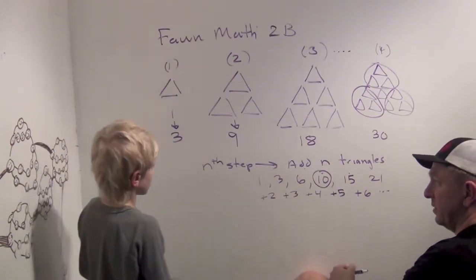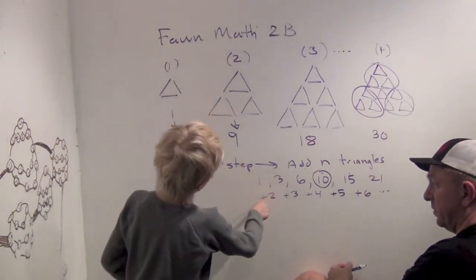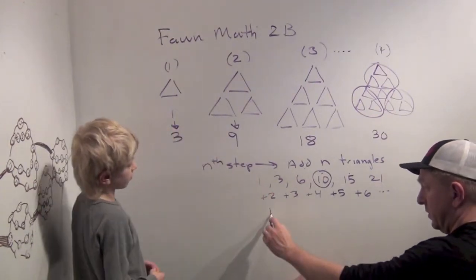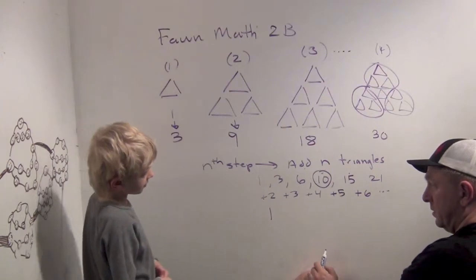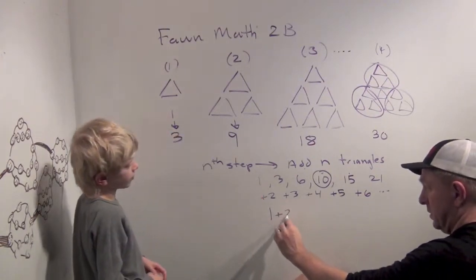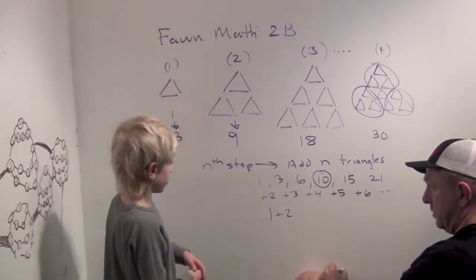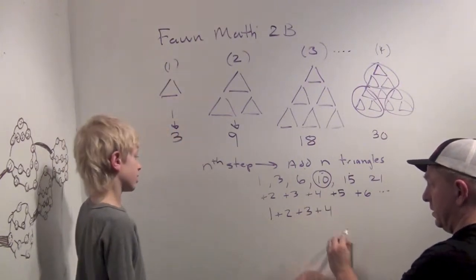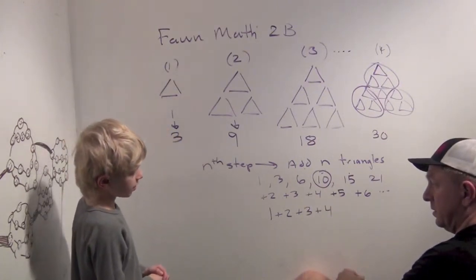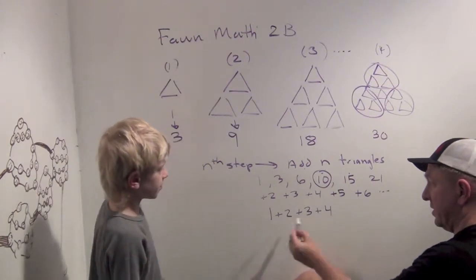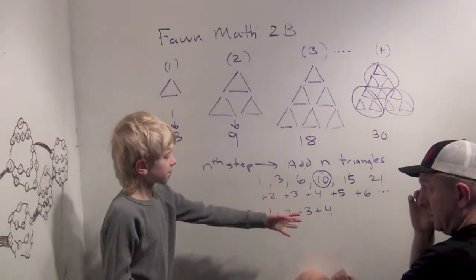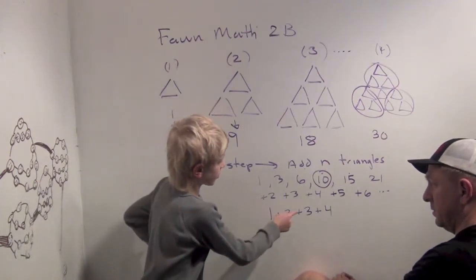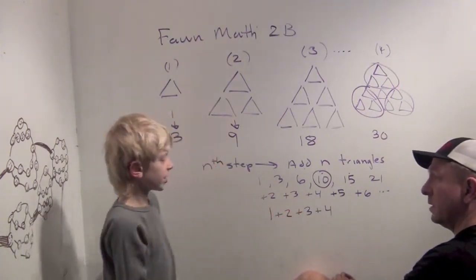Well, you start at 1. Then plus 2, then plus 3, and then plus 4. And what does the whole thing equal? The whole thing equals 10.